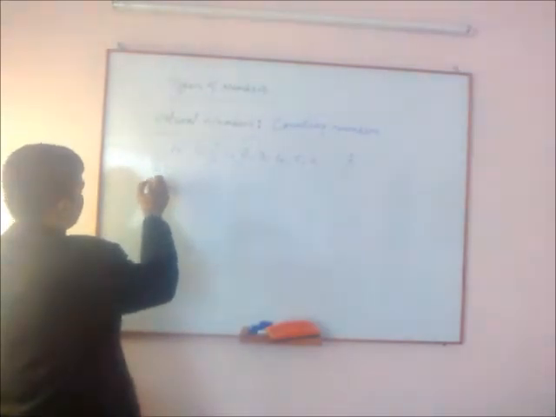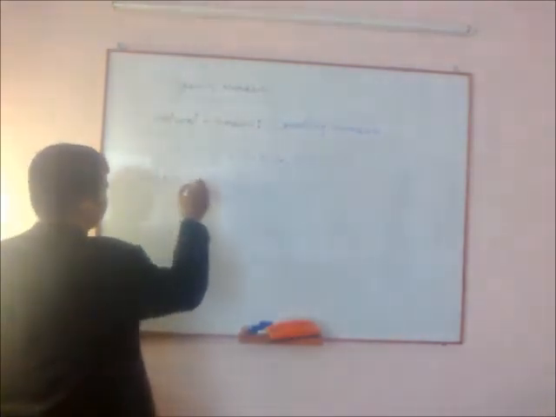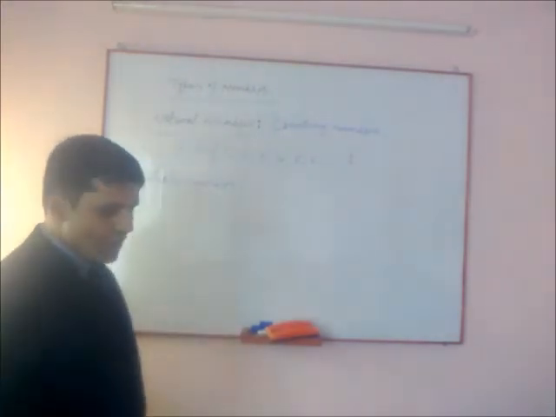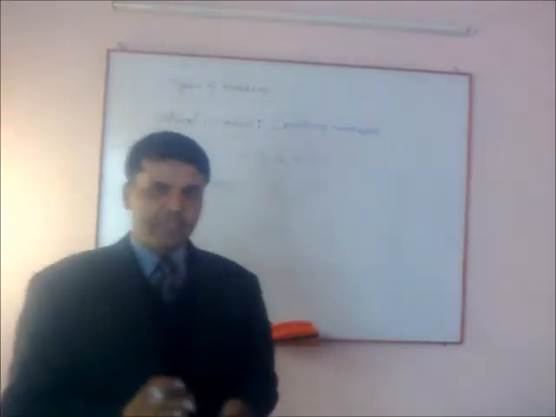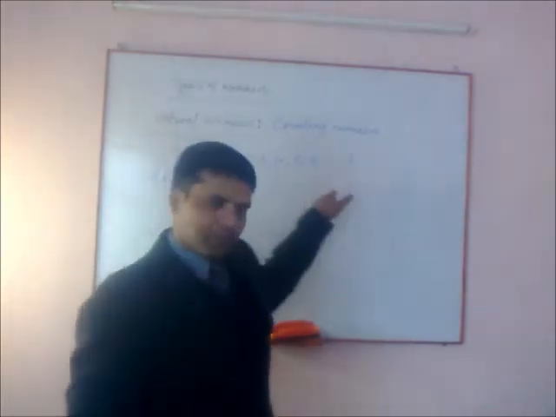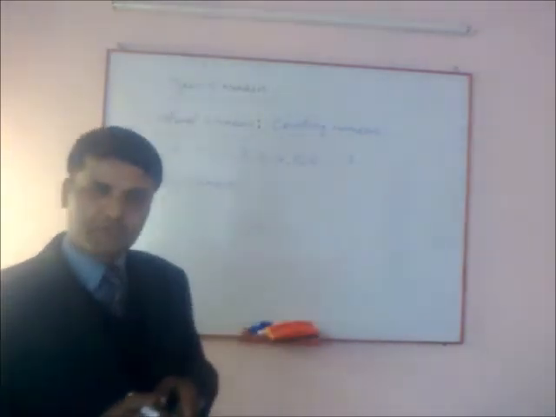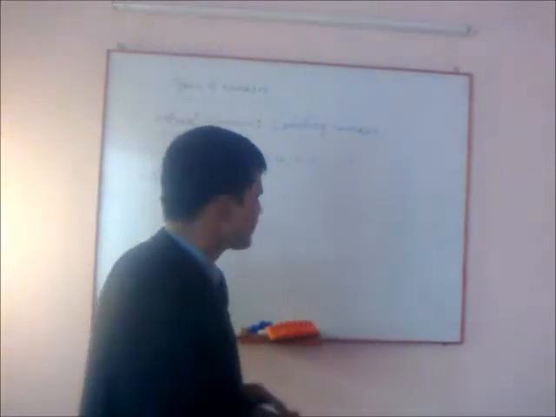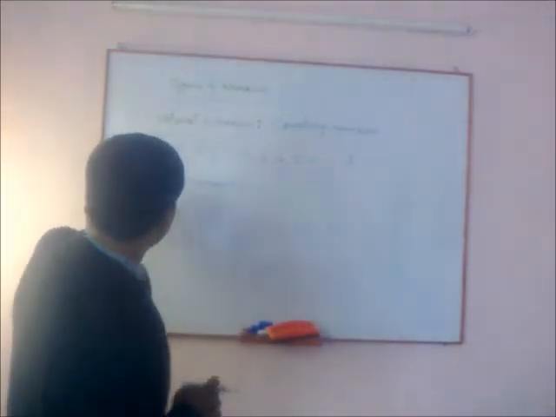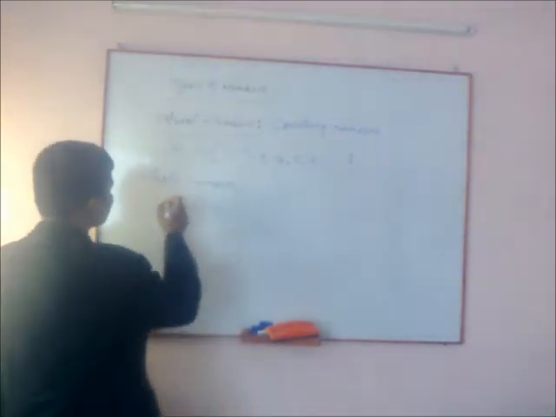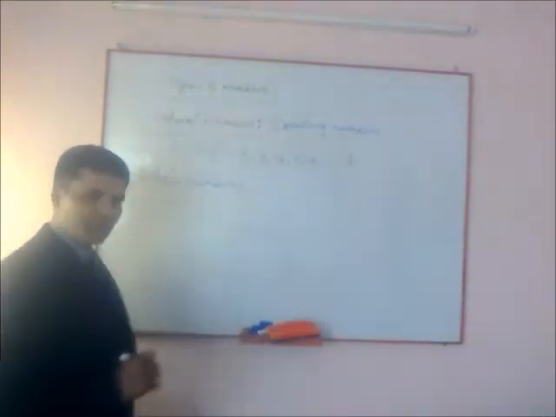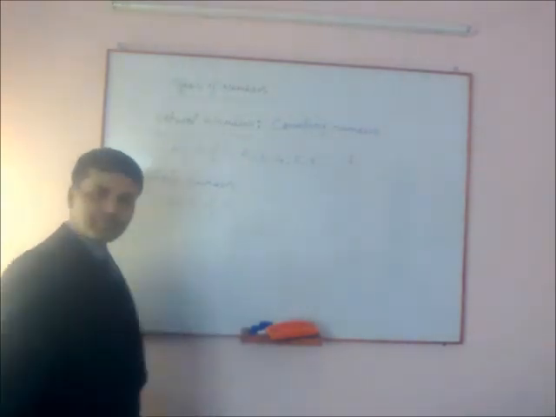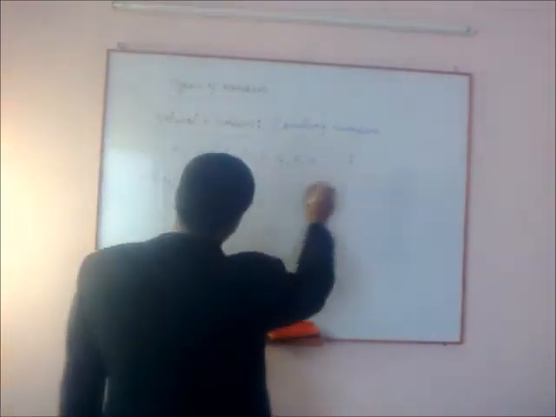Then comes whole numbers. Whole numbers include all the natural numbers and one more number extra, that is 0. It means the set of whole numbers which is denoted by W equals, we start with 0, then all the natural numbers come here.